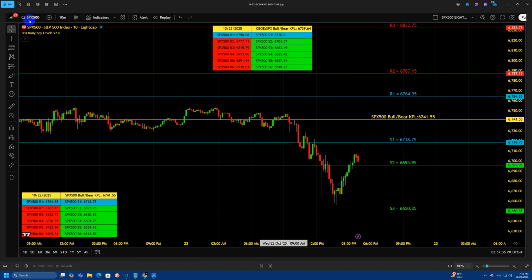Okay, as you can see here, this is the SPX 500 and the 8-cap. So on TradingView, you go to SPX 500 for the trading symbol and look for that symbol under the 8-cap exchange. So this is a Forex CFD.